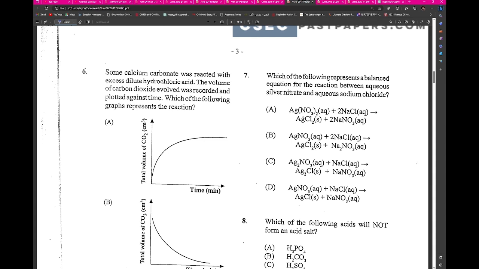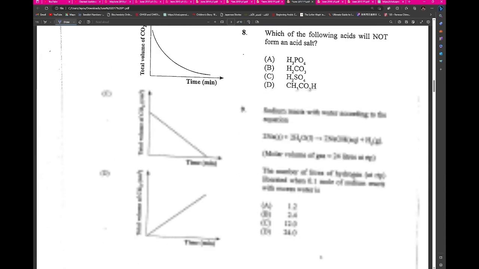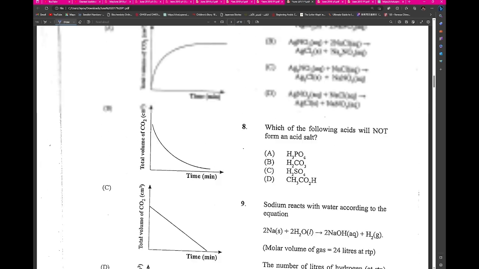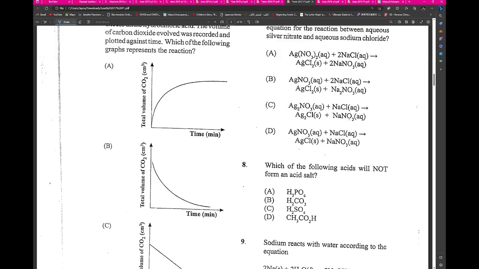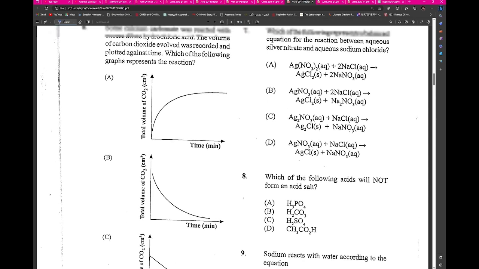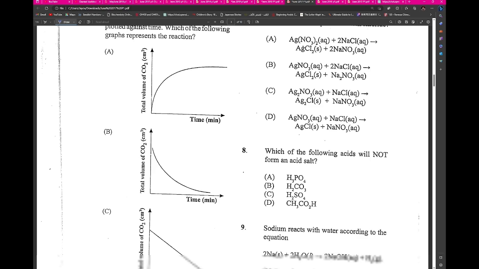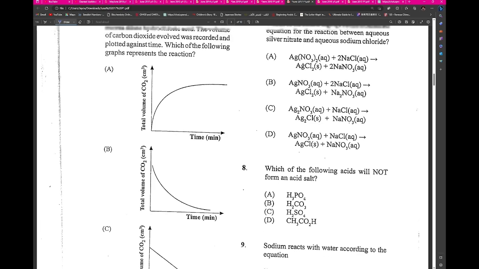Wouldn't it just increase? Well, at the start of the reaction it would be really quick and then it slows down. But that would be the total volume of carbon dioxide being released, right? The volume of carbon dioxide evolved was recorded. Let's go with this.